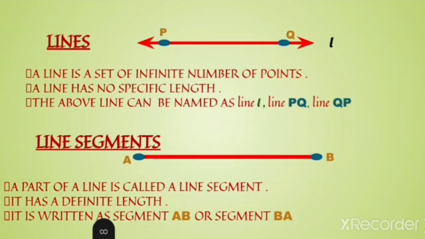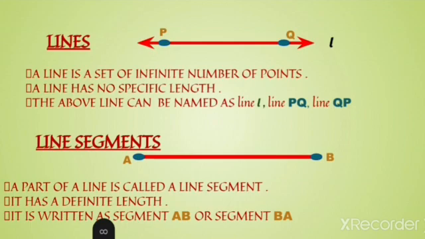Lines. What are lines? When we take two points and try to join them, it forms a line. A line is a set of numerous points. But if you see in the figure, you can see only 2 points.